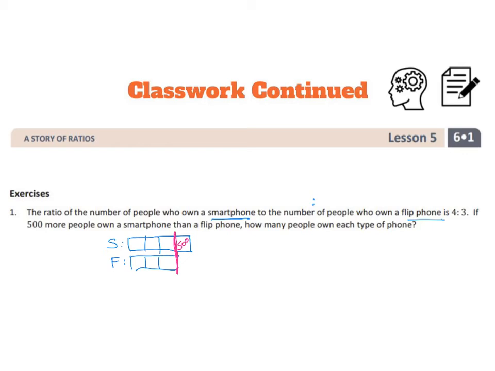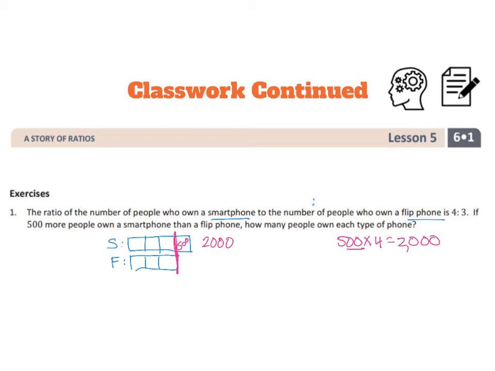If 500 more people own a smartphone than a flip phone, how many people own each type of phone? Well, each little chunk or block unit is 500. So this one I have 500 times, and I've got 4 units. I know that 5 times 4 is 20, so I throw that down and I throw these 2 zeros on the end. So I get 2,000.